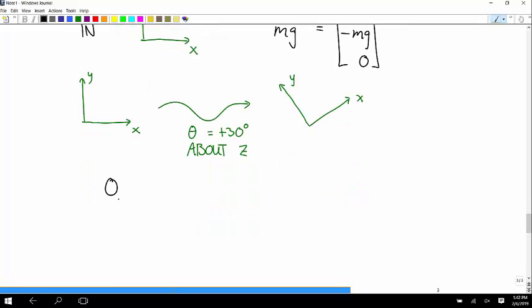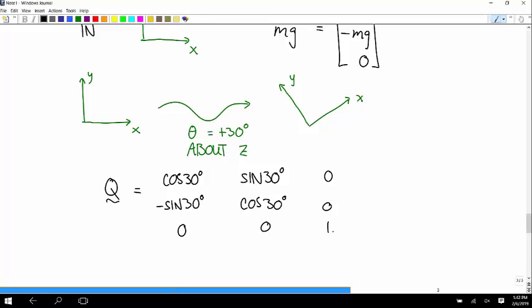So theta is positive 30 degrees about z, and so Q is cosine of 30, sine of 30, 0; negative sine of 30, cosine 30, 0; 0, 0, 1.